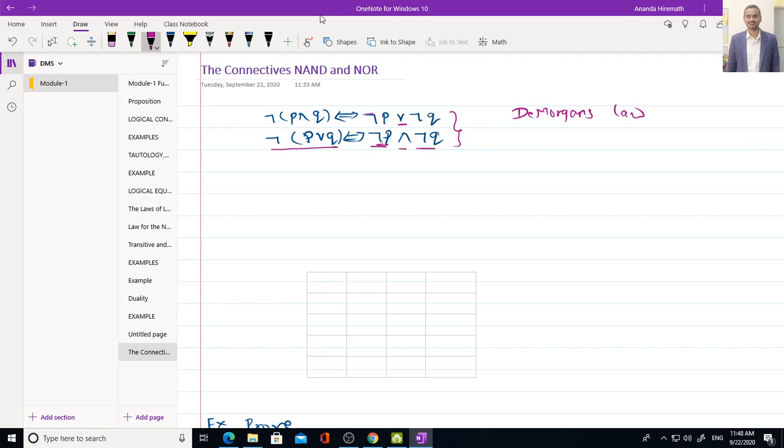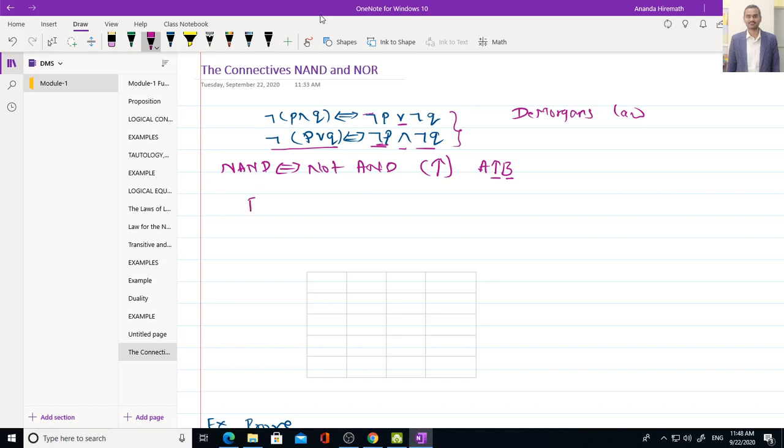Well, now this NAND operation is equivalent to not and, and it is read as not and. It is denoted by this symbol. If I write A NAND B, it is the not and operation.